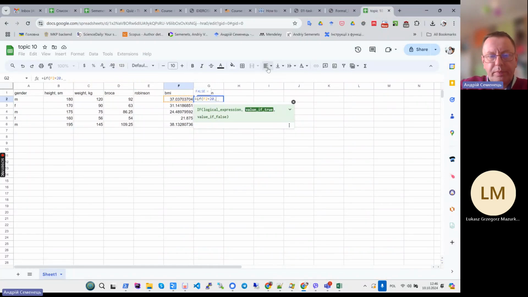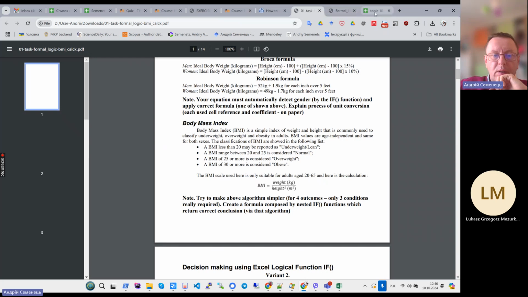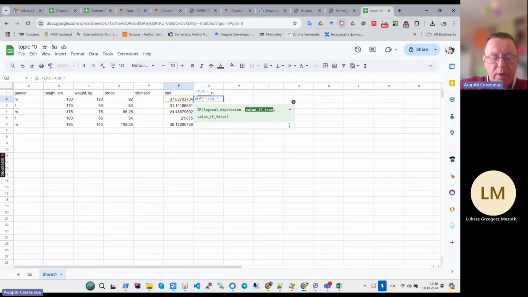If it's true, it's lean. We have underweight or lean, and we print that. But what if false? If false, we have to continue our analysis.